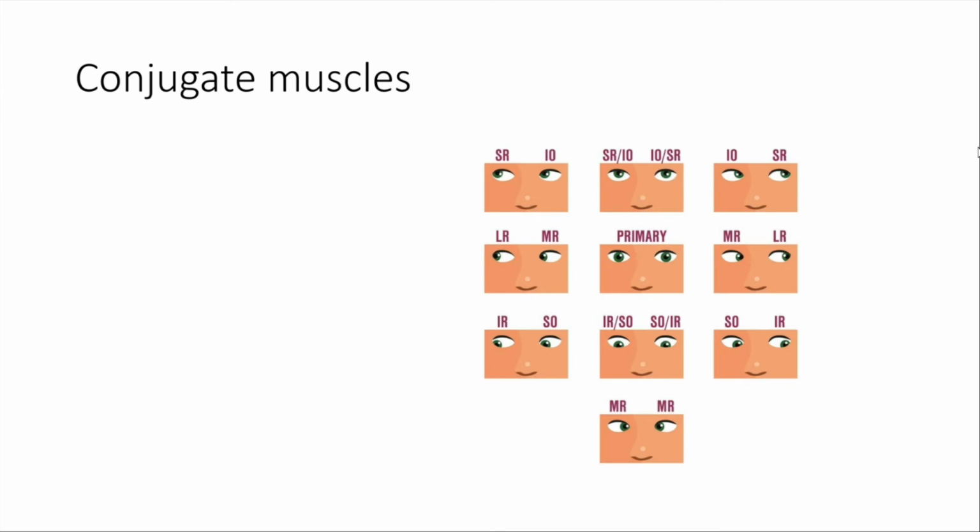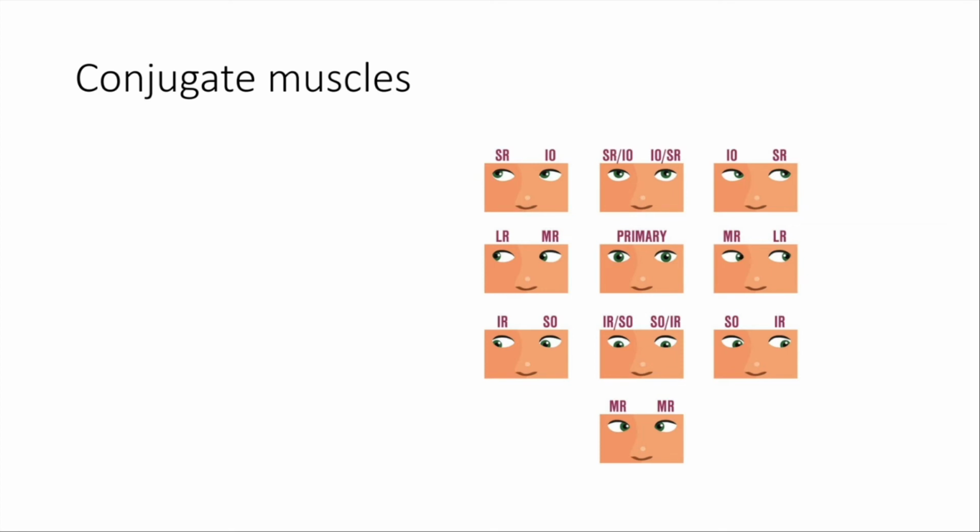What are conjugate muscles? So conjugate muscles, you can always be asked this question that if the right eye, we are talking about the superior rectus, what is the conjugate muscle of the left eye? So the conjugate muscle is basically this muscle that causes the same movement in both eyes.